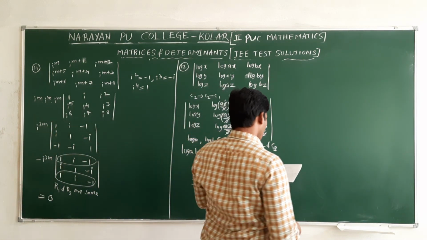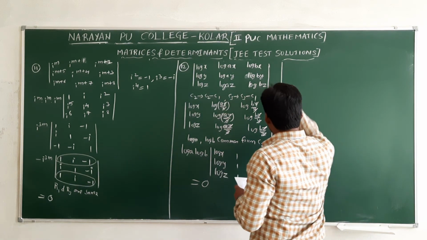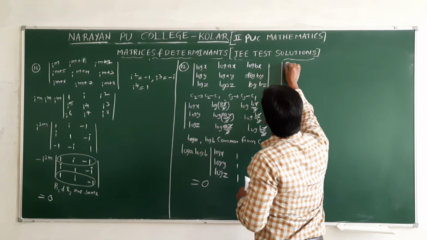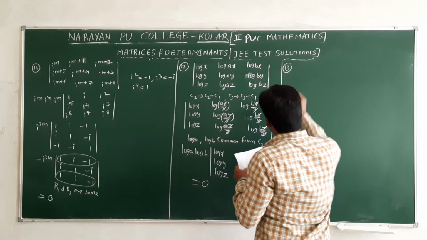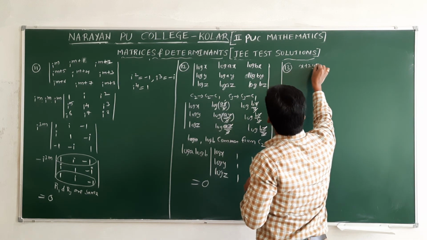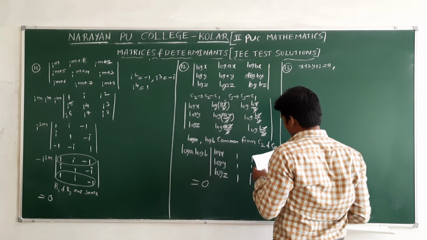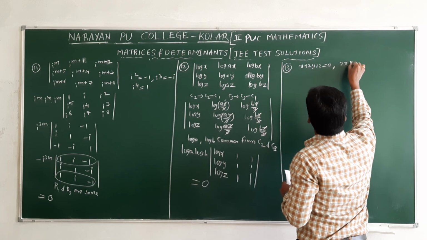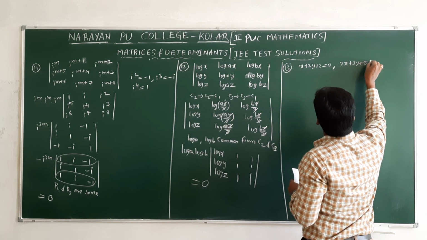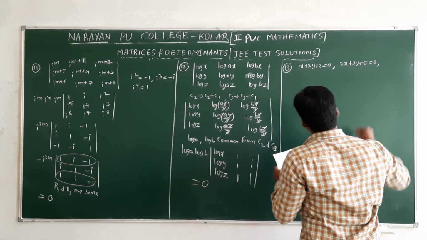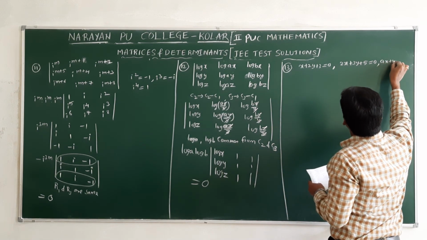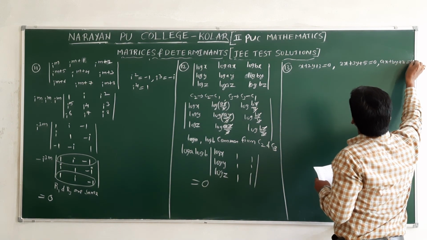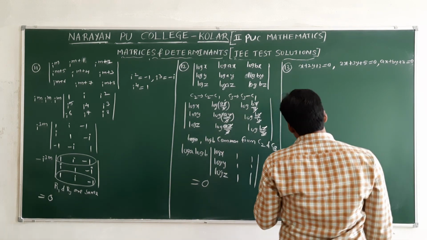Next, question number 13. The equations x plus 2y plus 3 equal to 0, 2x plus 3y plus 5 equal to 0, ax plus by plus 8 equal to 0 have a non-zero solution.